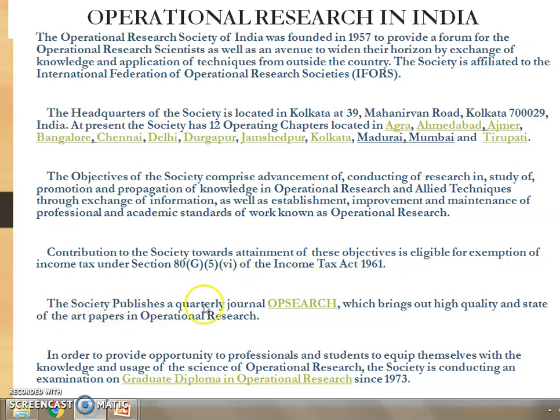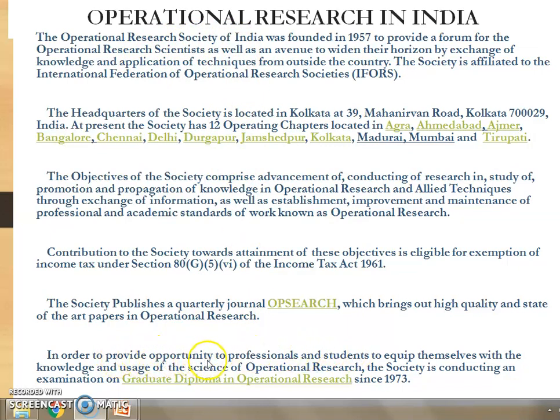The society publishes a quarterly journal, OPSEARCH, which brings out high quality and state of the art papers in operations research. This is very helpful for researchers in this field, as there are objectives of in-depth study in the promotion and propagation of knowledge in operations research. So these are the objectives achieved through the Operations Research Society of India.